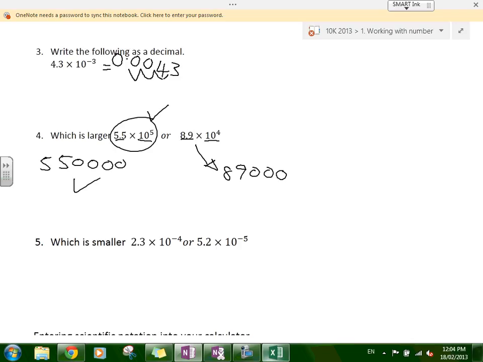Now this next one, which is smaller? 2.3 times 10 to the power of minus 4, or 5.2 times 10 to the power of minus 5? Which one's smaller? Yeah, so again, the one which is smaller is the more negative one. So this one is 0.00023.